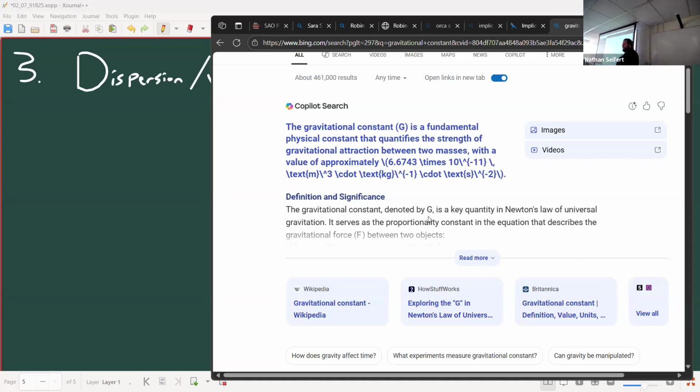The fine structure constant explains how much force is generated between two charges separated by a meter. It's the same idea for electromagnetic force. This is 10 to the minus 11 in these units. In the units of electromagnetism, it's around 10 to the minus 46.